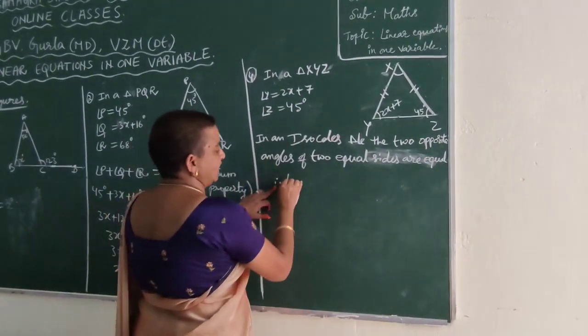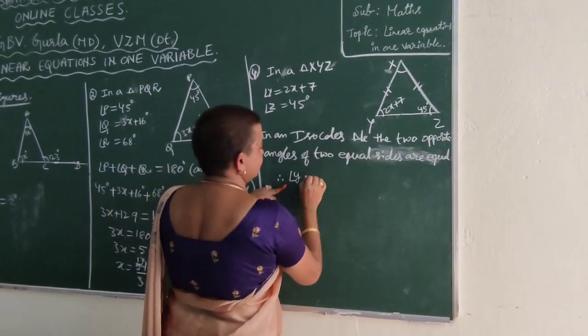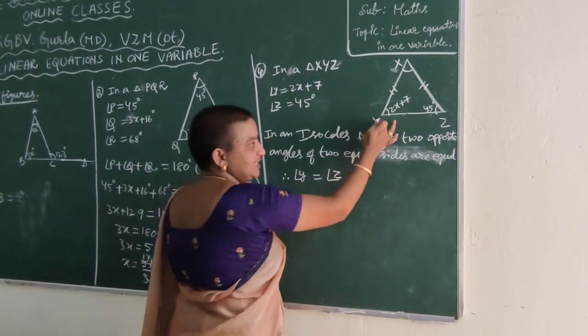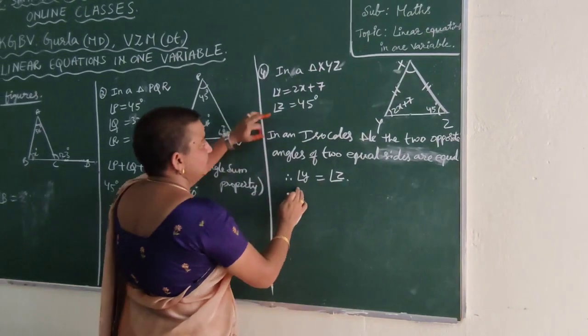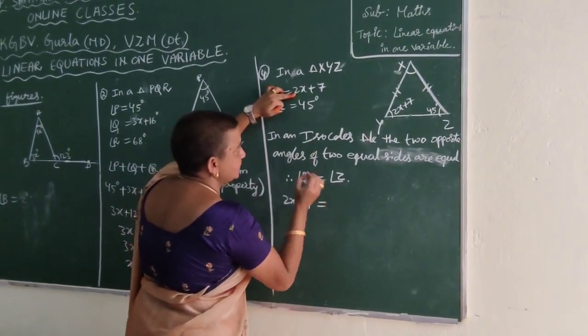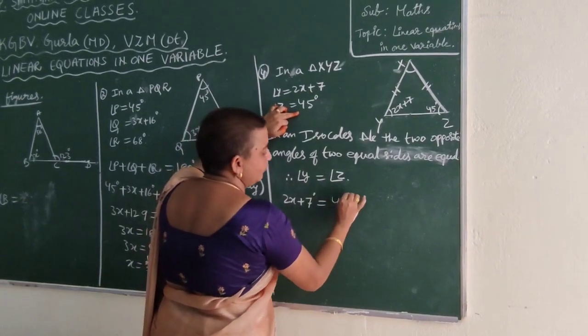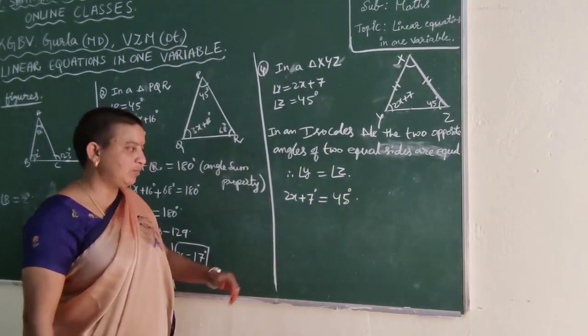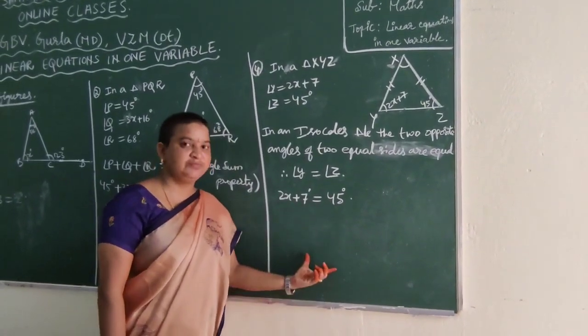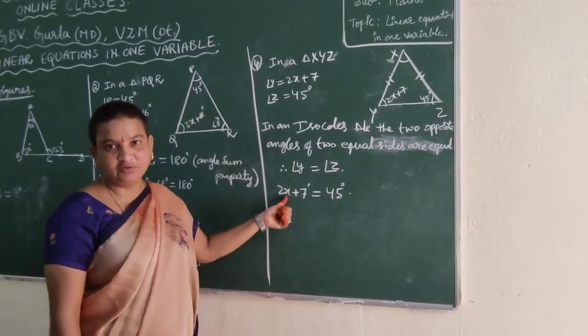Therefore, angle Y is equal to angle Z. Angle Y is equal to angle Z. That means 2x plus 7 degrees is equal to 45 degrees. Okay, by using this equation we can solve for the value. We can solve this equation to find the value of x.